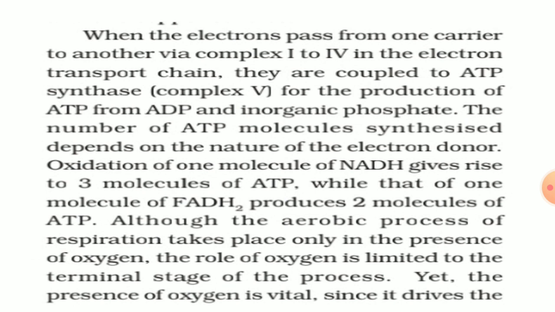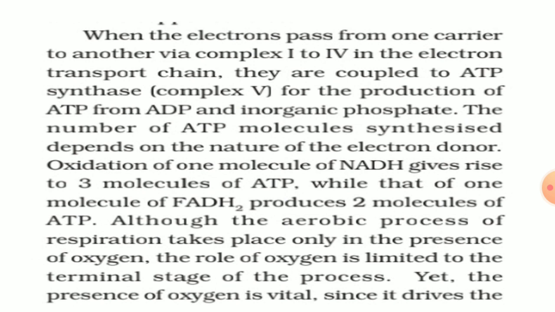Now, when the electrons pass from one carrier to another through complex 1 to 4 in the electron transport chain, they are coupled to ATP synthase. ATP synthase is an enzyme known as complex 5 for the production of ATP from ADP and inorganic phosphate.